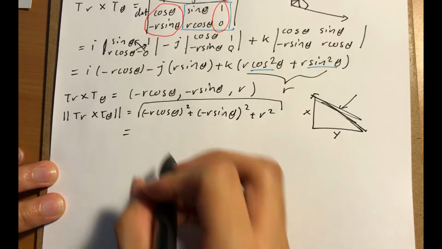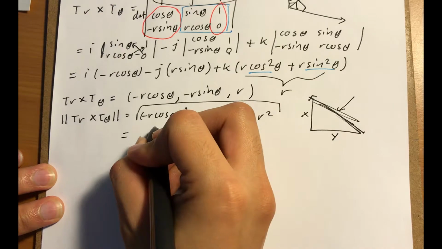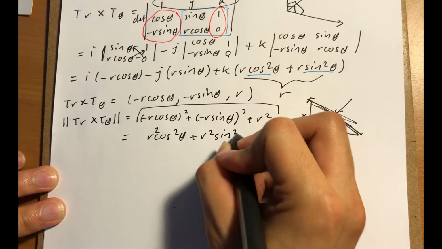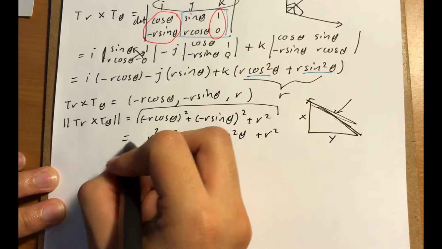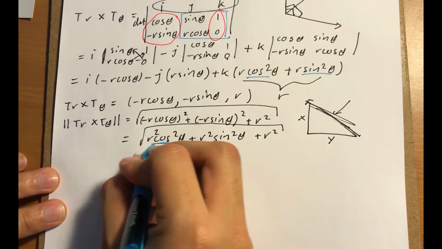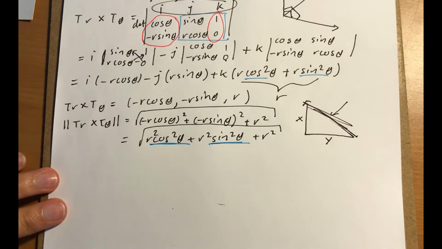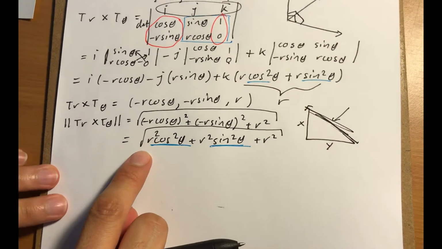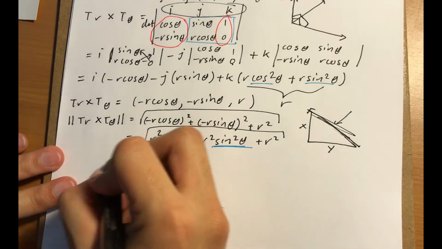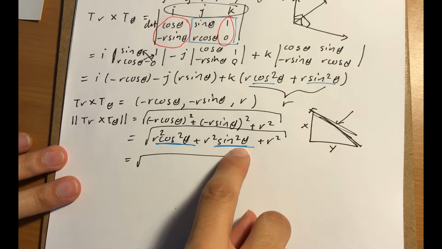So keep going. This is r squared cosine squared theta plus r squared sine squared theta, plus r squared. Oh, I forgot the r squared. And once again, we see this trig identity: cosine squared theta plus sine squared theta. We factor out an r squared, and that would just be equal to 1.